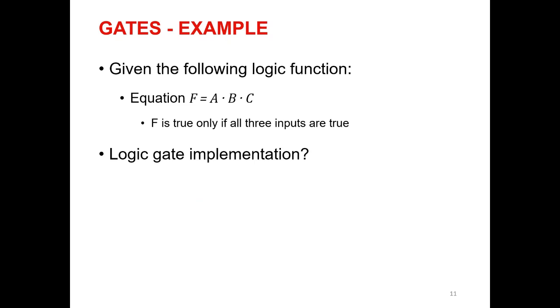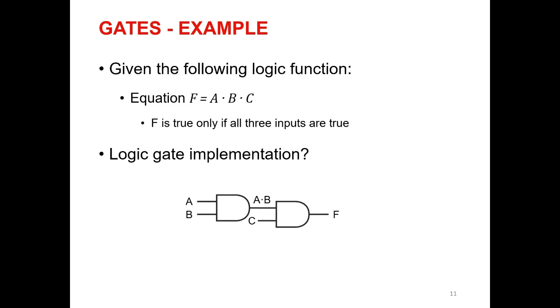So we will have an AND gate with input A and input B, and with this we will have A and B, and then we need to add the third input, which is C. For that we open another AND gate, we add the input C, and finally we have the output F. Okay, makes sense?